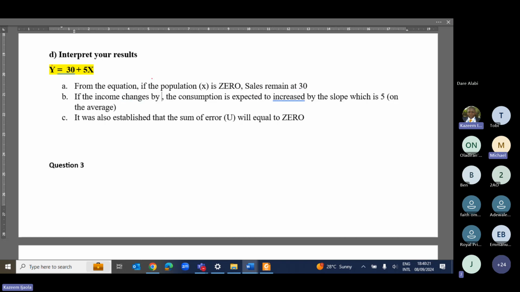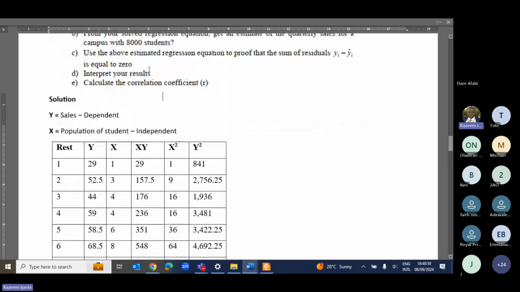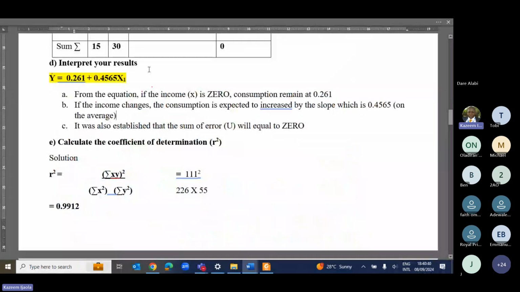So this will be: if population changes by 1, the sales is expected to increase, which is 5. So let me put changes by 1 here. For those that are cramming, changes by 1, so that you cram wisely.